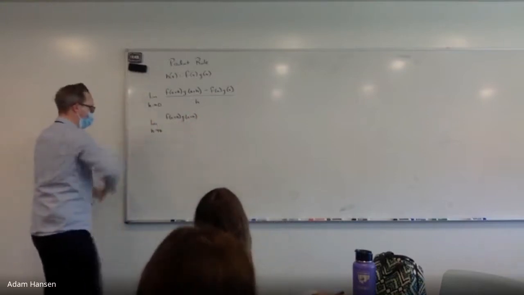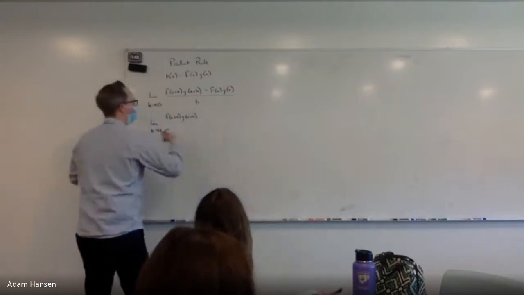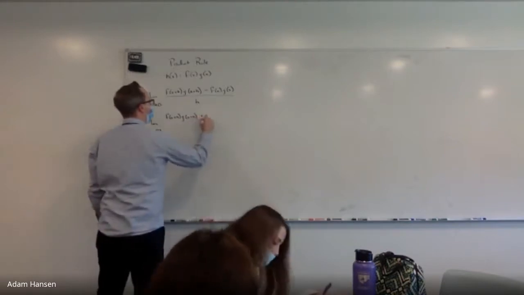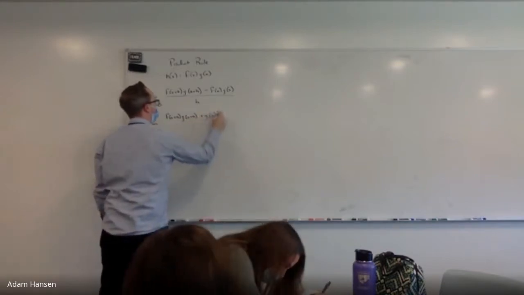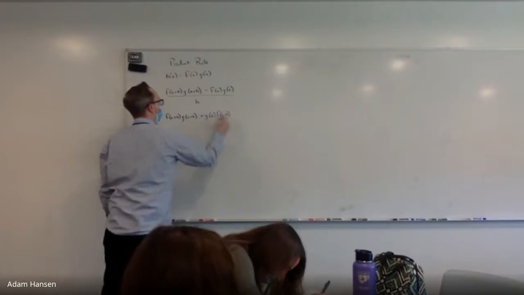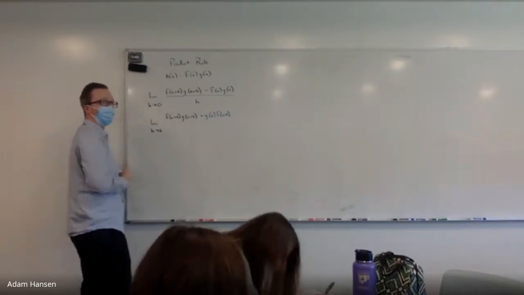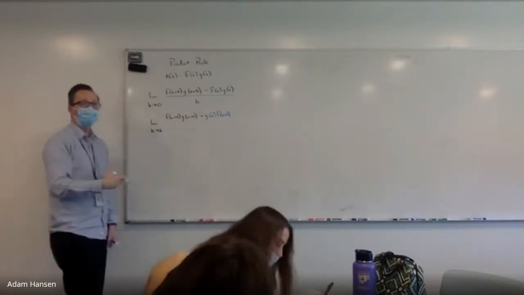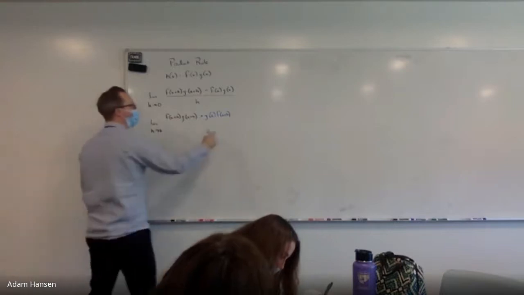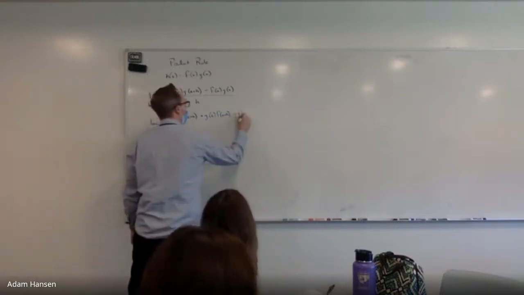Now, I'm going to add on g of x times f of x plus h. Because I added that, I still want to keep it balanced, I need to also subtract the same thing, so that I've essentially added nothing to my limit so far. So I'm going to subtract the exact same thing.